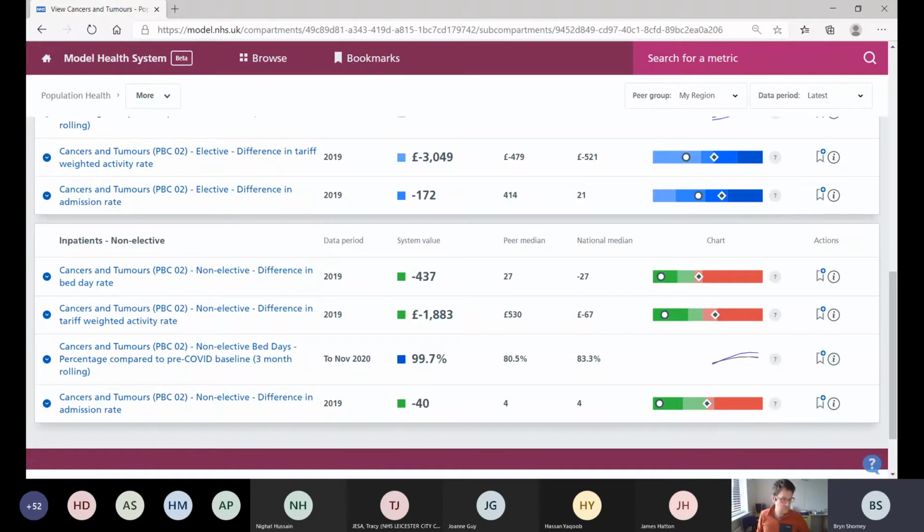If you've got very low elective activity and very high non-elective activity, that might reflect that the pathway isn't working well and you're not picking patients up, but that might just reflect a particular way that the system deals with people. So we wouldn't ever say that something is definitely a bad thing.